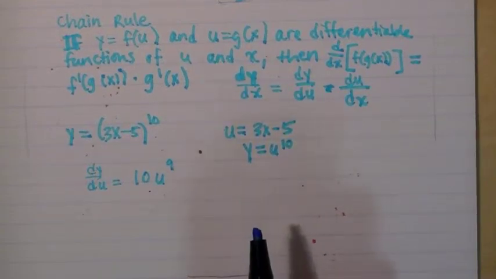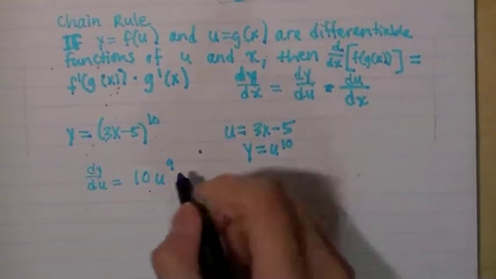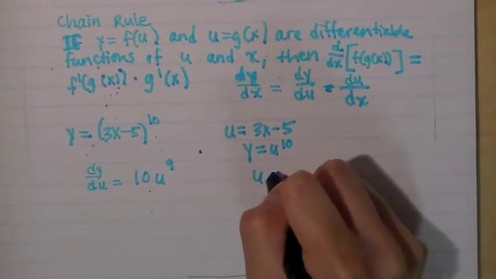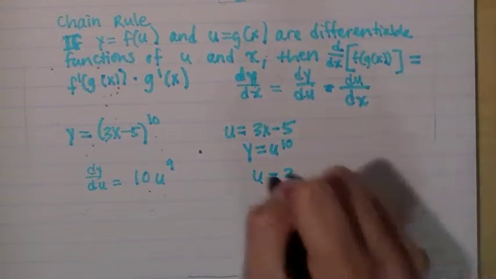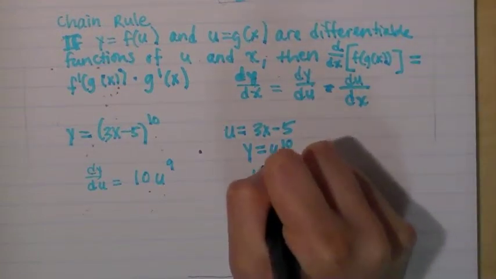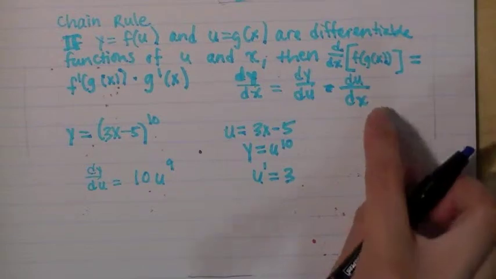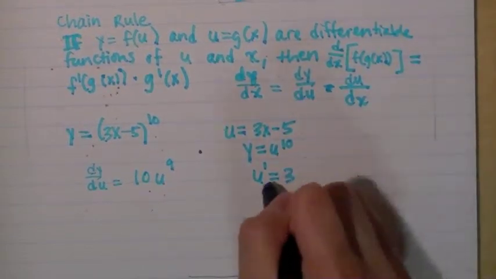And then you're going to also differentiate u, which is 3. That's this part, so it's du dx really.